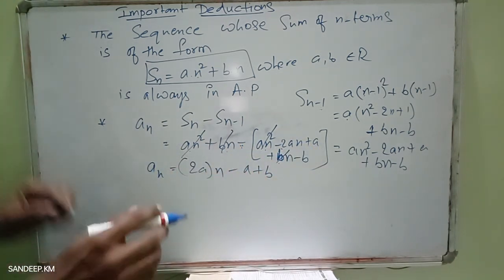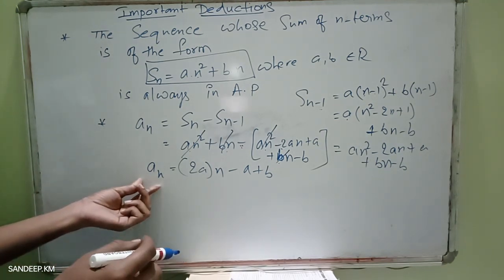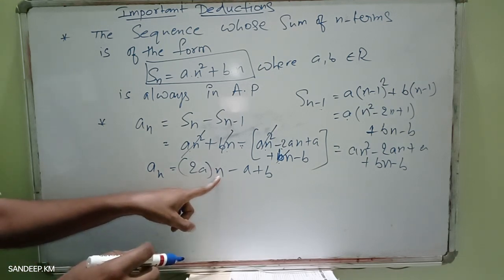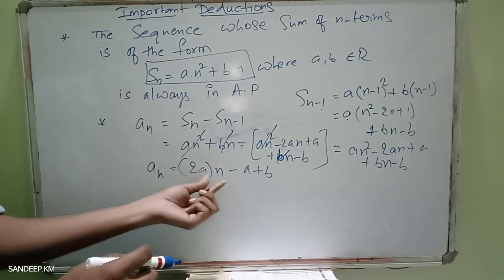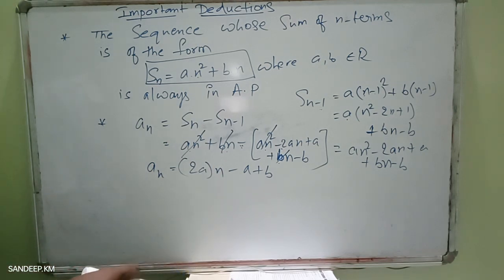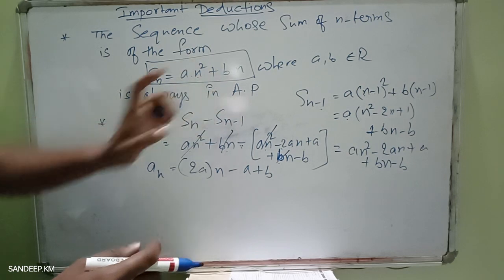In the previous video we have discussed that the nth term of an AP is always a linear expression, a linear polynomial in terms of n. Is it correct? Yes. If the nth term is a linear polynomial in terms of n, then the sequence formed will be in AP. So this clearly says that the given sequence is an AP.